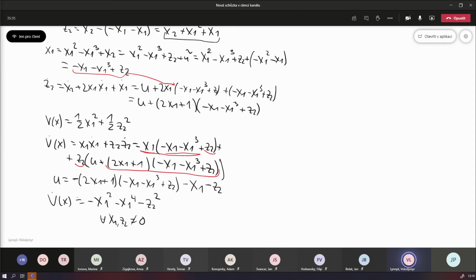And we need to rewrite this u in our original coordinates. u equals minus 2x1 plus 1, and minus x1 cubed, and plus, we need to put this z2, and z2 is equal to x2 plus x1 squared plus x1.